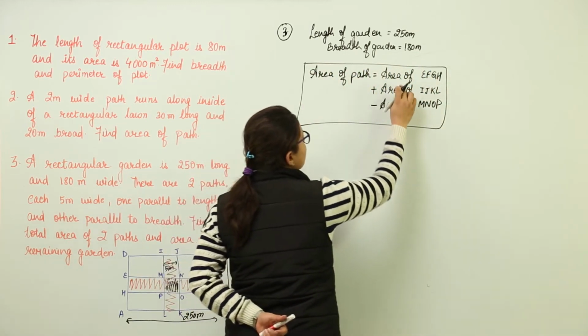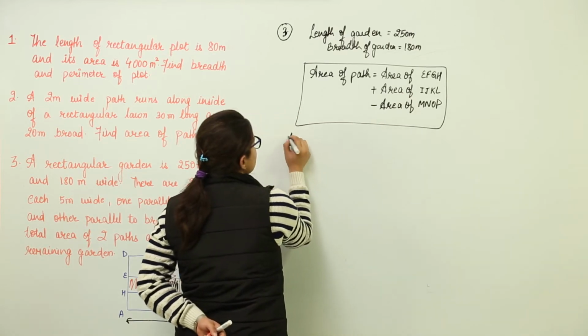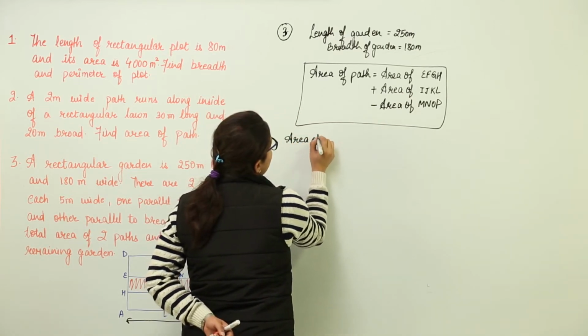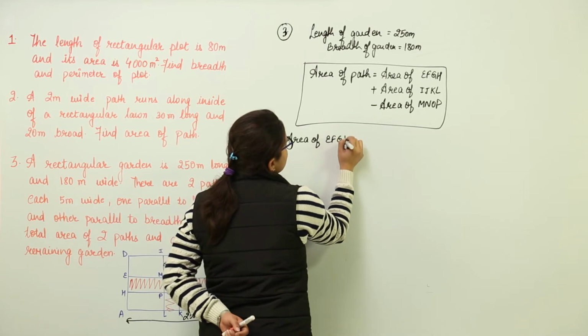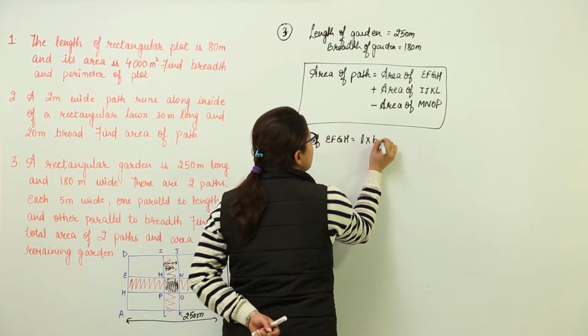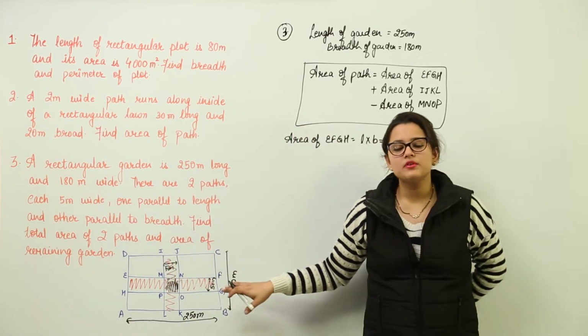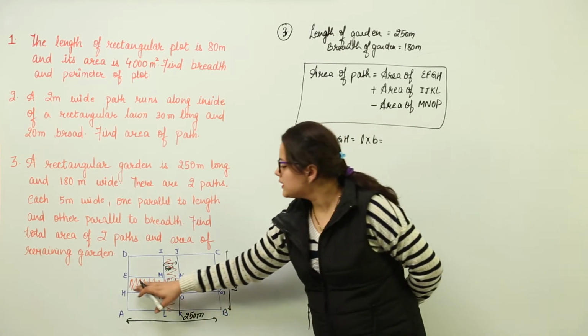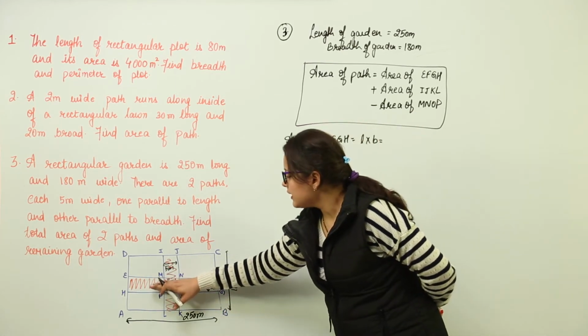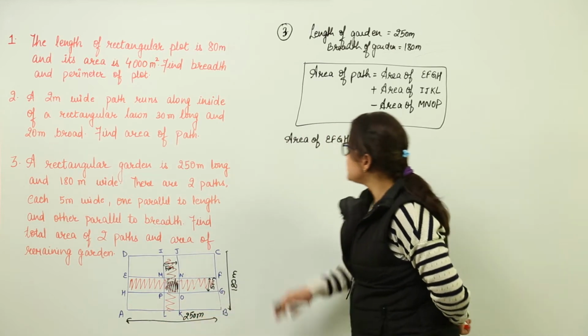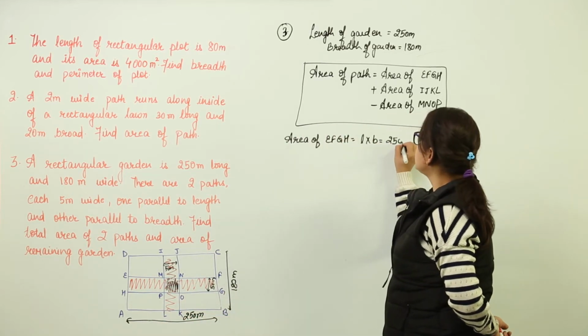First of all, we have to calculate all the three individual areas. Area of EFGH would be equal to length into breadth, as it is representing a rectangle only. What will be the length of EFGH? The length will be equal to 250 meters. So we'll write 250.